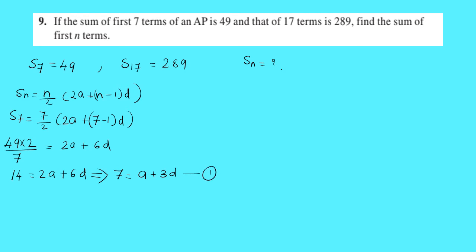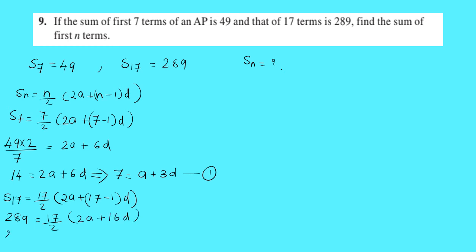Now same way it is given S17 is 289. So you can write S17 equal to n upon 2, that is 17 upon 2, multiplied by 2A plus n minus 1, that is 17 minus 1, multiplied by D. 289 equal to 17 upon 2 multiplied by 2A plus 16D.